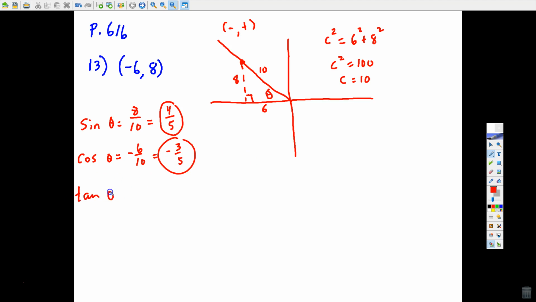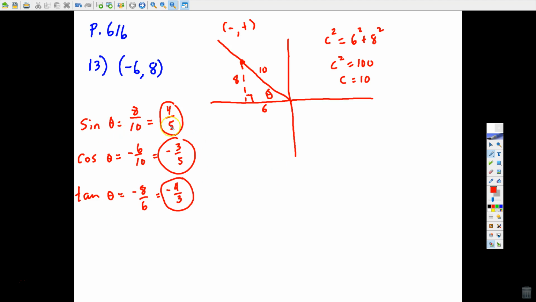Tangent theta is also negative because positive divided by negative is negative, and the tangent ratio is opposite over adjacent. So it starts off as -8 over 6, but reduced it becomes -4 over 3.